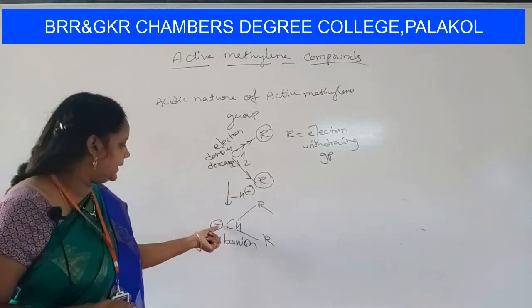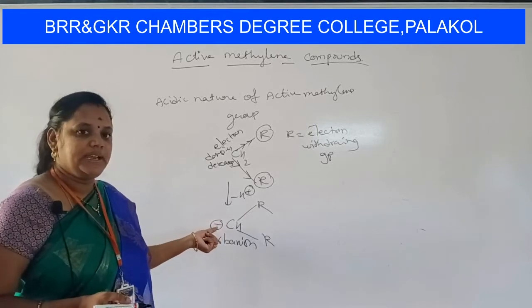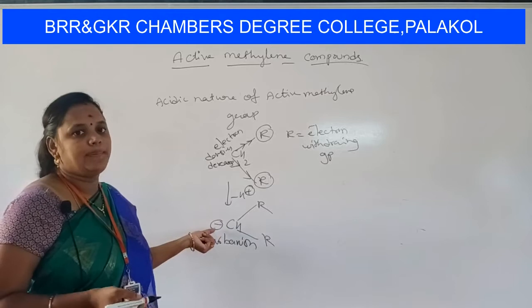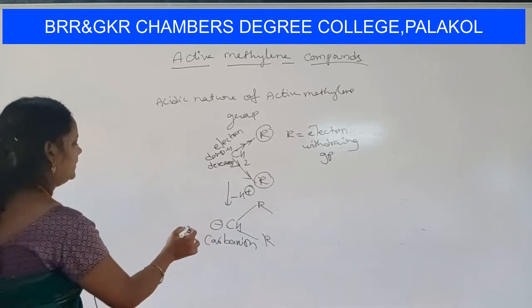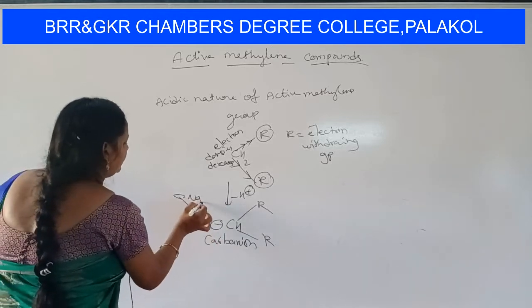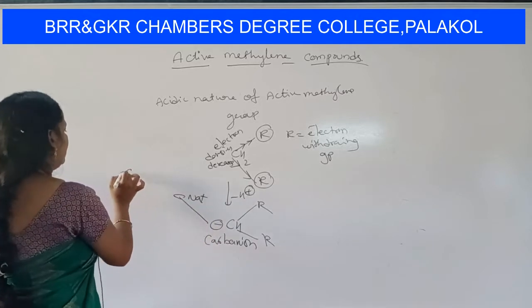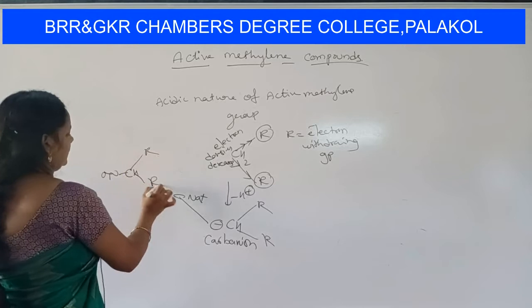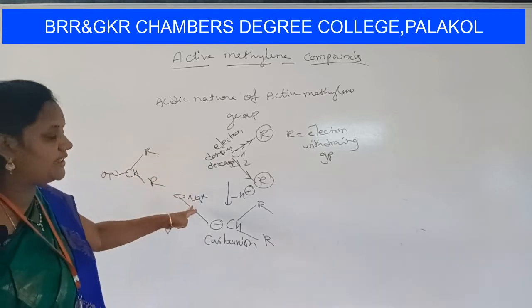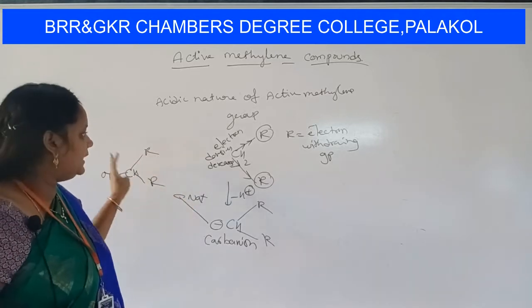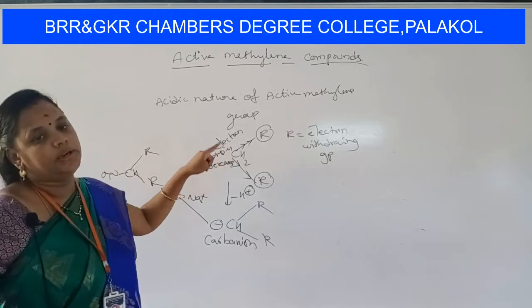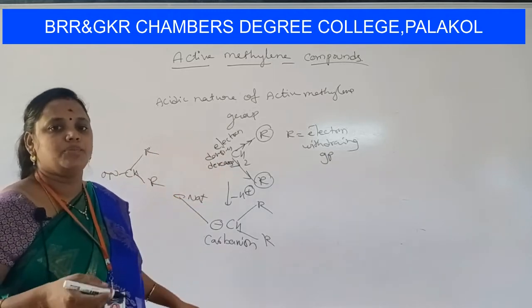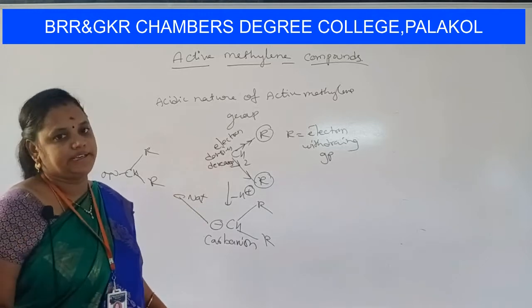Here the minus charge represents an electron rich species. It can easily attack a positive metal. For example, if you react with sodium metal, you will get CHNaRR. So the reaction with sodium metal proves that the hydrogens of the active methylene group CH2 are more acidic and active.